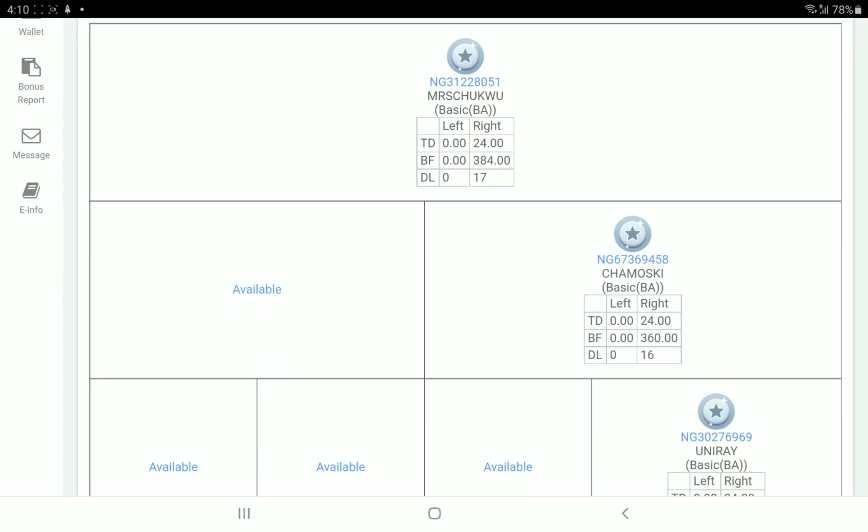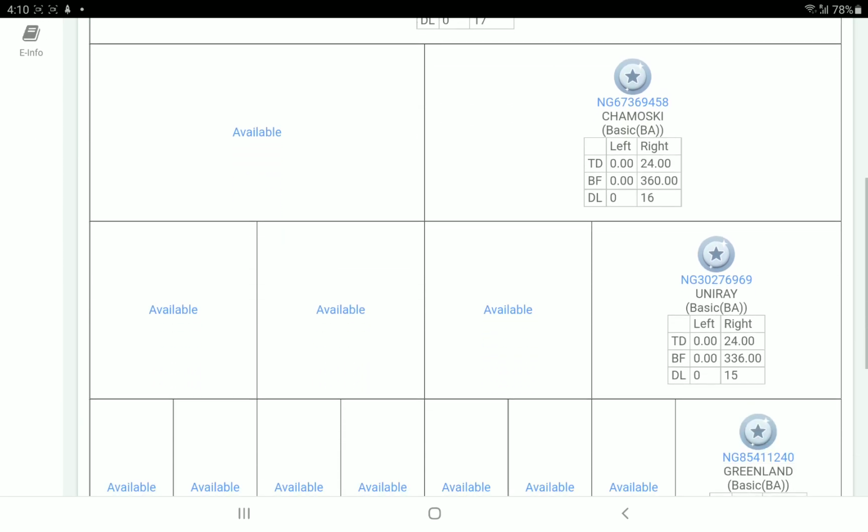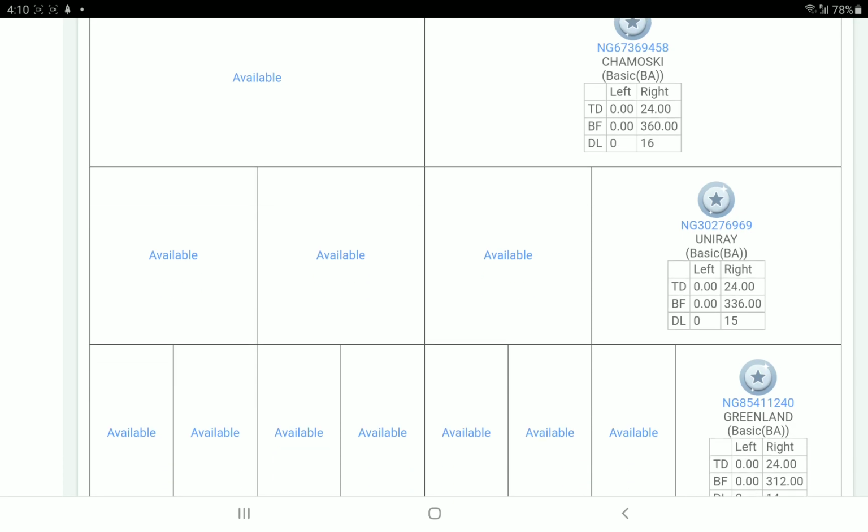So if you look at the right, the left of Miss Shuku is available because she has not started working. Then the two binaries there. Under Shamoski, you have the left, which is available. So Endless Joe kept on doing placement on the outer right.